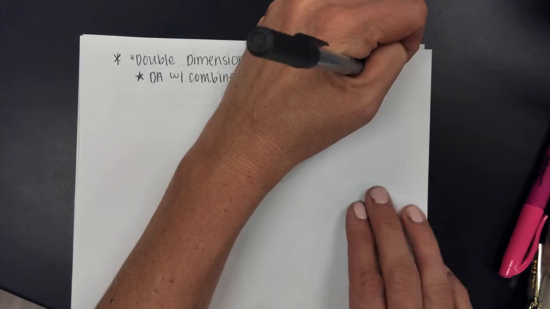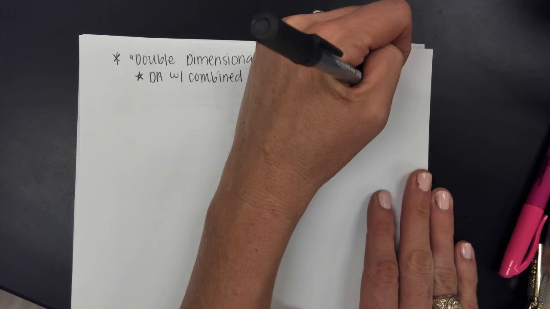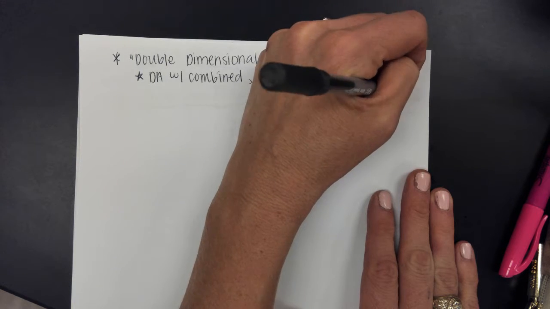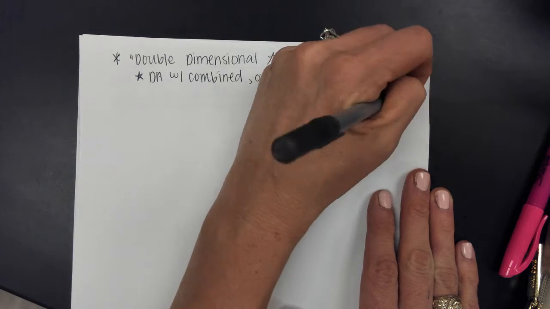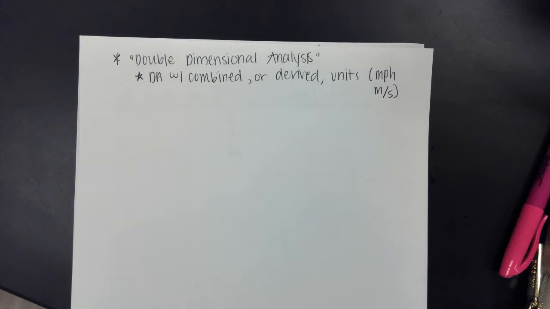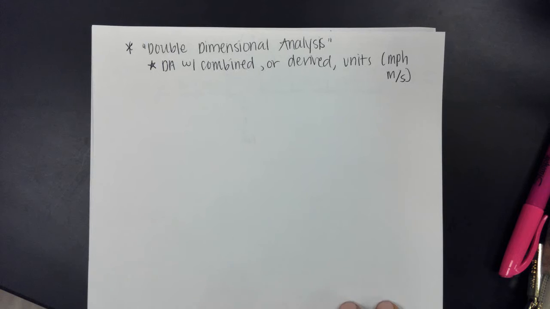Something like miles per hour, or meters per second. Those are derived units, combined units. So I'm going to write you a problem to try, and then tomorrow when you come to class, I can take a look at it and see how it went.